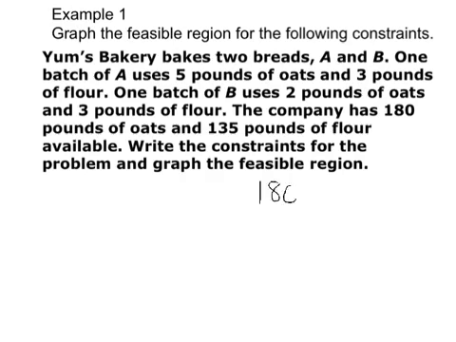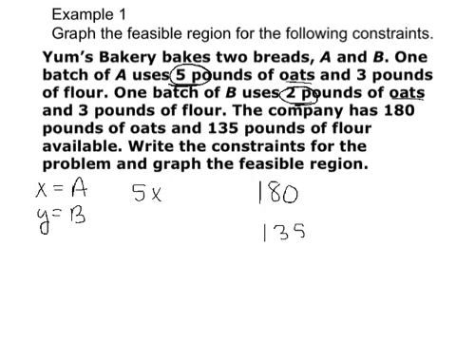I see the equal to part, 180 and 135. So we're going to let X equal the number of bread A, and Y equal the number of bread B. So we have 5X, because that is oats, plus 2Y.